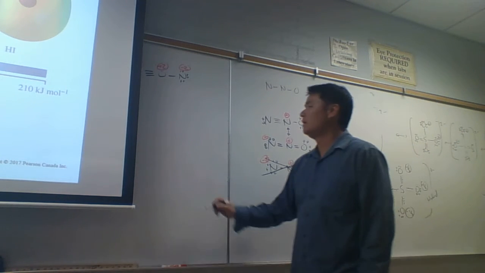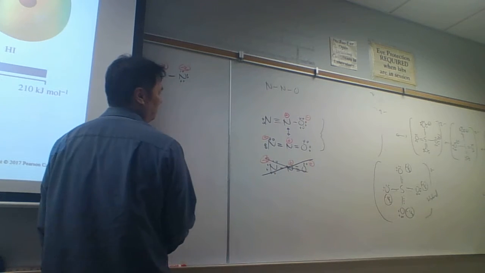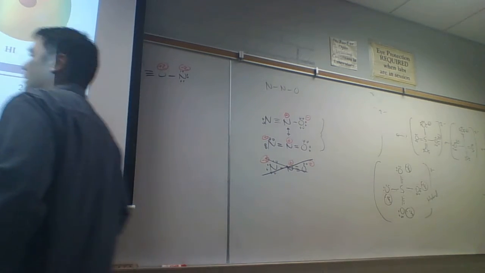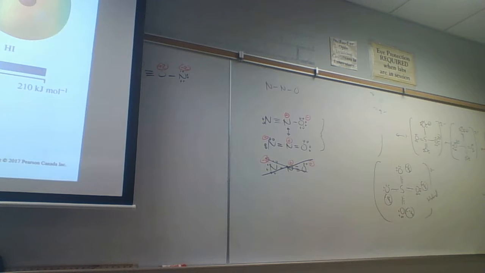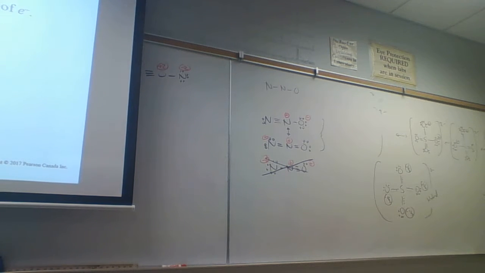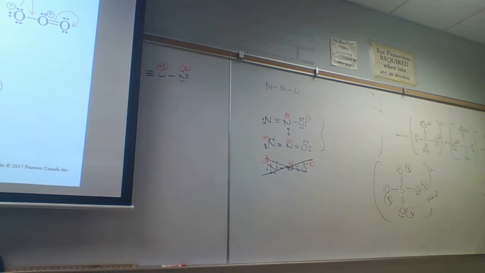But it isn't going to be a 50-50, like in ozone. In ozone, it's a 50-50 split. And so in ozone, when we look at the resonance hybrid, it's 50-50. This oxygen gets half, this oxygen gets half the electron density.